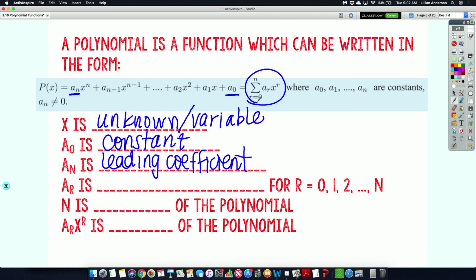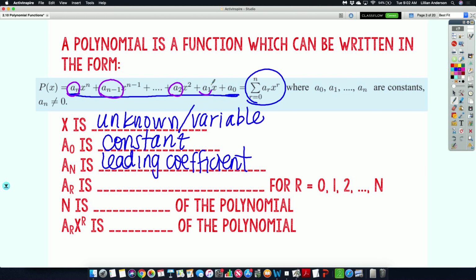Will a sub r always be the first term? No, not the first term. Remember, this is condensing all of this. And a sub r is attached to the x raised to the r power.